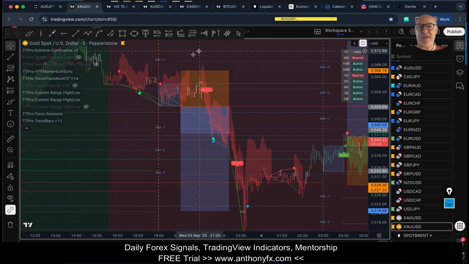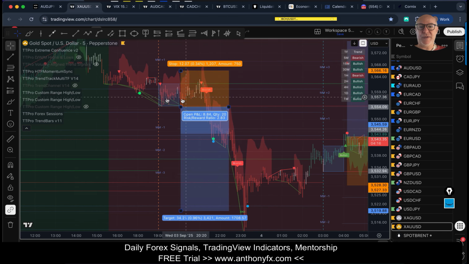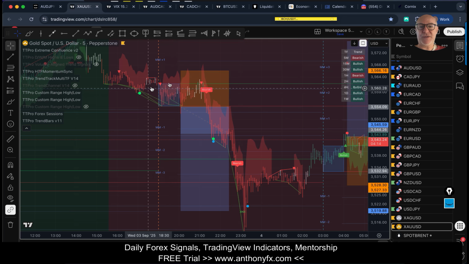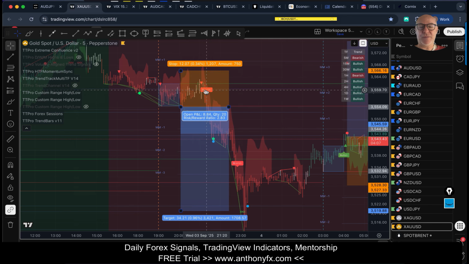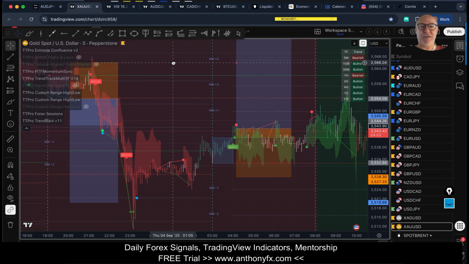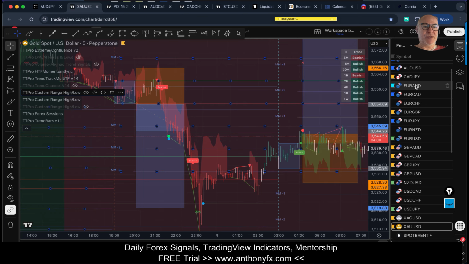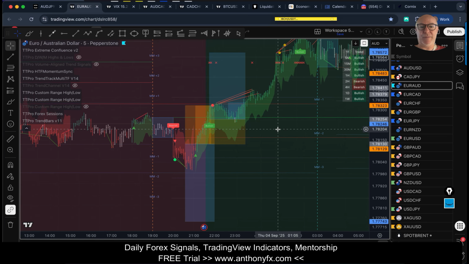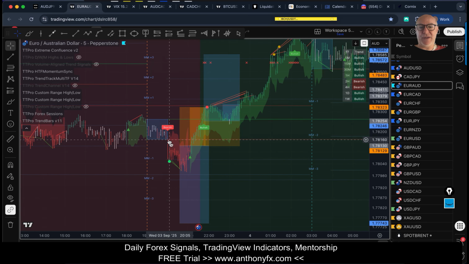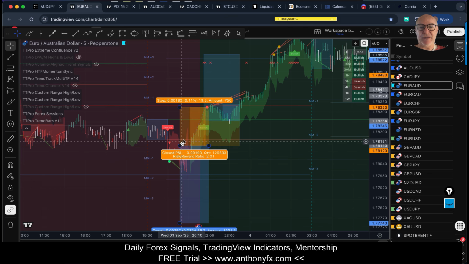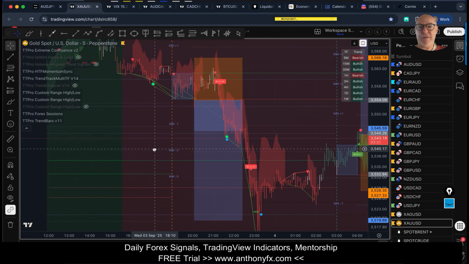Okay, so we're using that trend momentum sync. That's the main indicator that we're using at the moment. But you've got to tie it in with a strategy, and it's around the session open times, trading after the first hour and looking for this opportunity. And again, as I mentioned, sometimes it's going to do something like this. It's highly manipulated, right? But we can take advantage of that. Take that trade, let it go, and take this one. Yeah, we've got the tools.